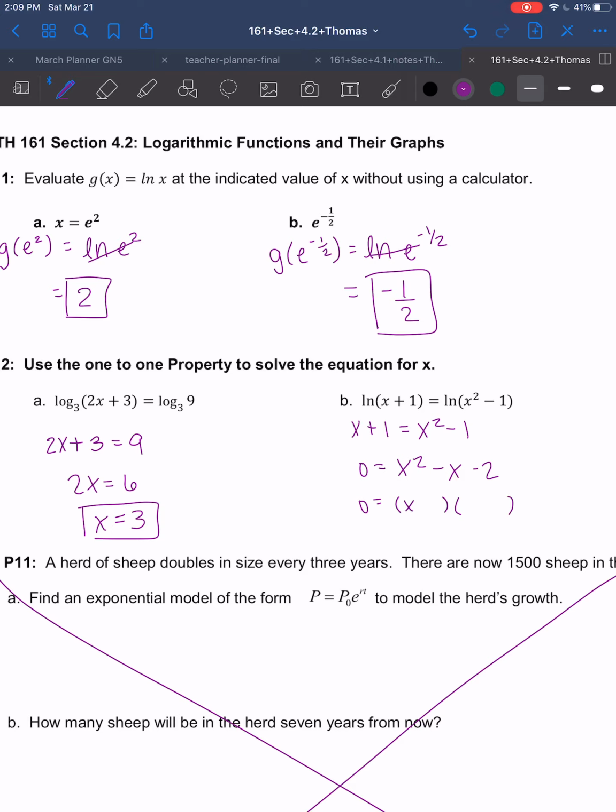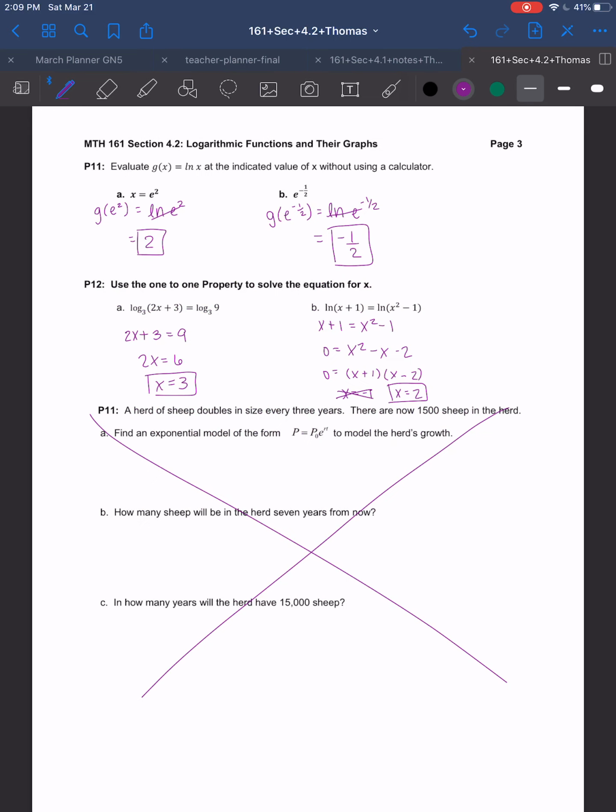So x, 1 and 2, and negative 2 and positive 1. And then x equals negative 1, and x equals 2. If you plug them back in, this one's not going to work. This one works only. So that's how you deal with logarithmic functions.